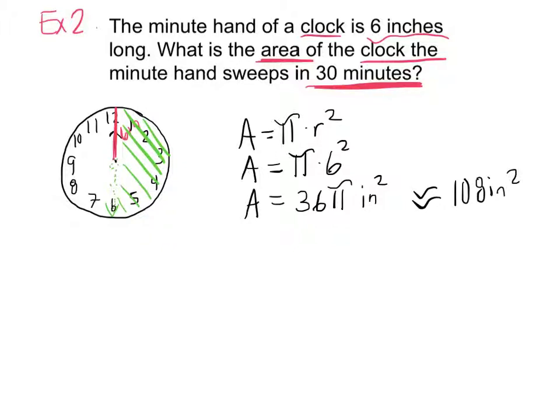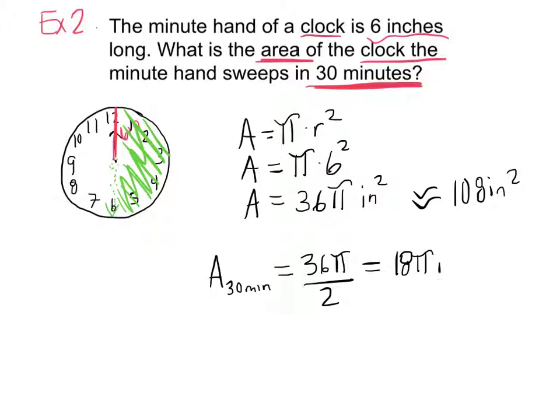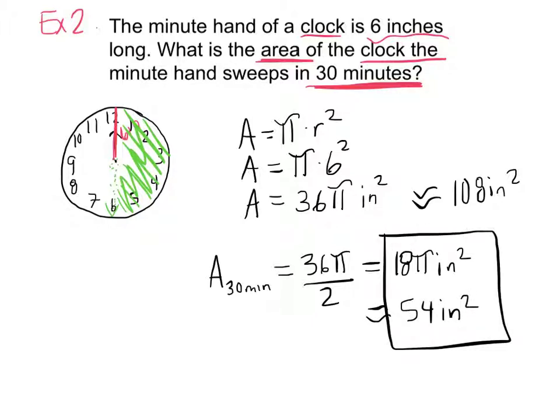This is the total area, and they asked us only to find this area over here, or half of the area. So if I wanted to find the area of 30 minutes, that would be 36 pi cut in half, or 18 pi inches squared, or 18 times 3, which is about 54 inches squared. So this right here would be my answer of half of the area of that clock.